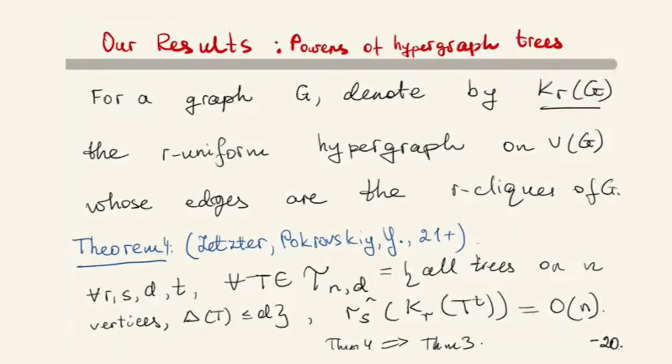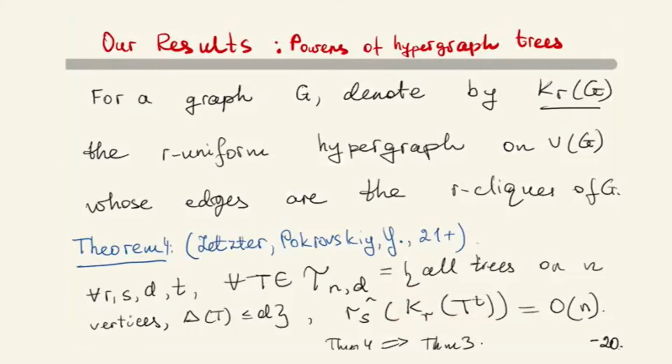And what we show is that if you take any tree which was in this family T(n, D), we have seen this before, these were all the trees on n vertices and maximum degree D, then if I take these trees and I take their t-th power, and then I look at the corresponding r-uniform hypergraph, which is obtained by taking all the r-cliques of the graph T^t, then I get a linear size Ramsey number.